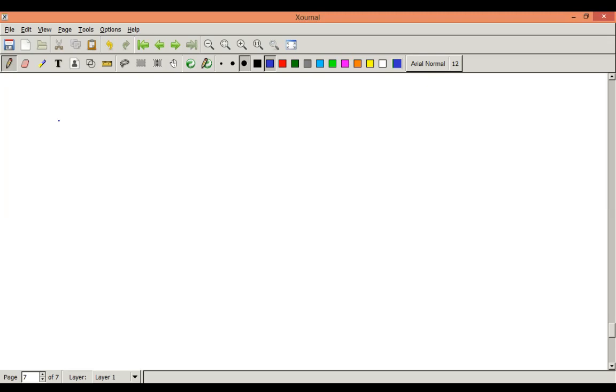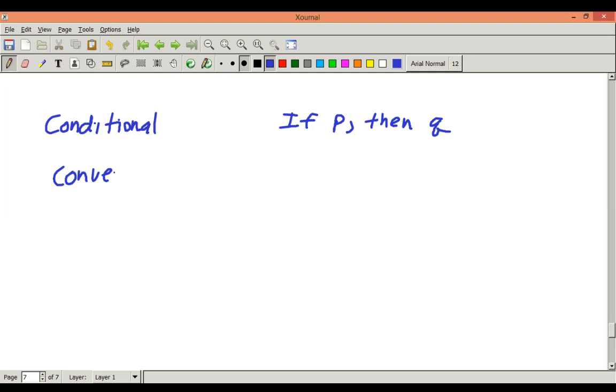So if you have a conditional statement, like we've just been looking at, that's normally written as if P, then Q. The converse of a conditional statement reverses the hypothesis and conclusion. So the converse of a conditional statement is if Q, then P.